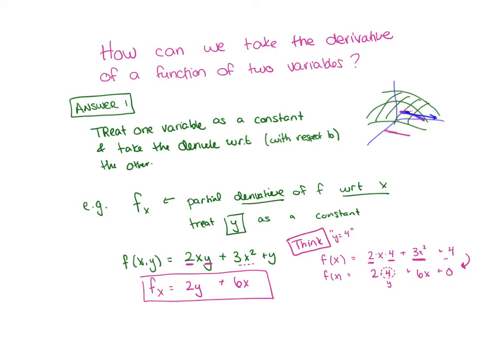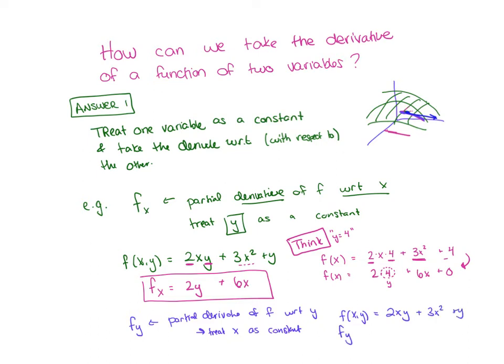I could also do f sub y, and that's going to be the partial derivative of f with respect to y, and in that case I'm going to treat x as a constant. So in this case, f of x, y again equals 2xy plus 3x squared plus y.